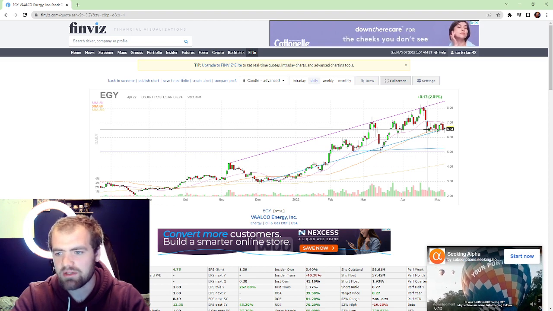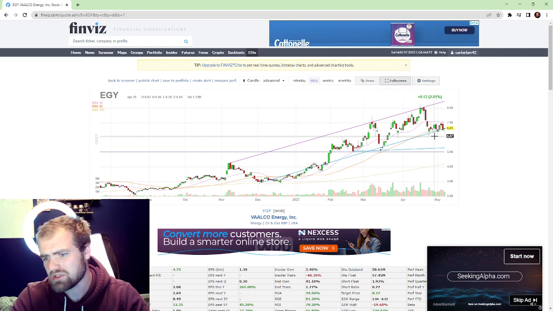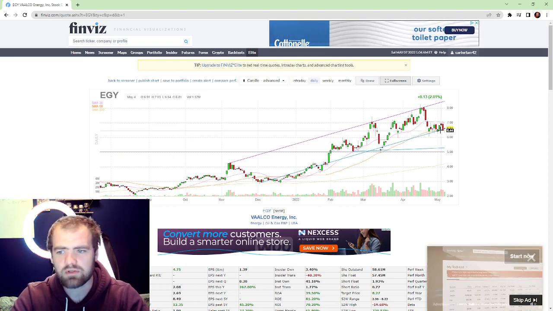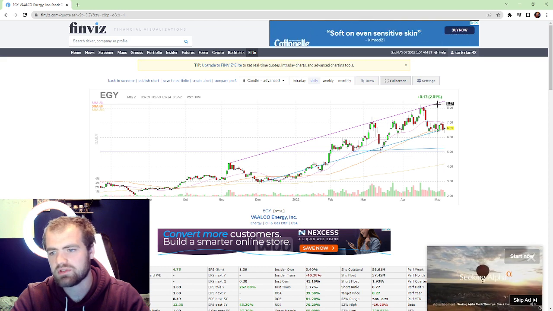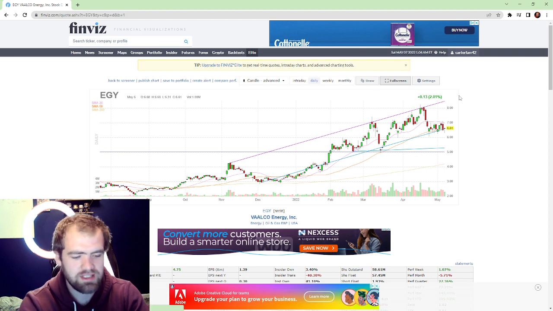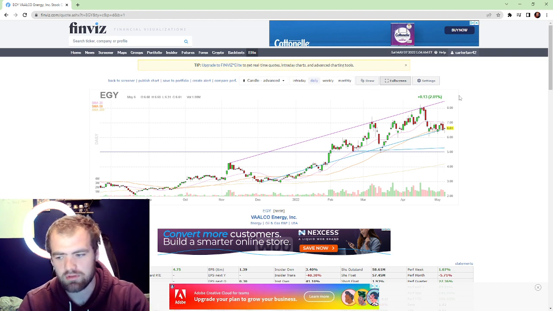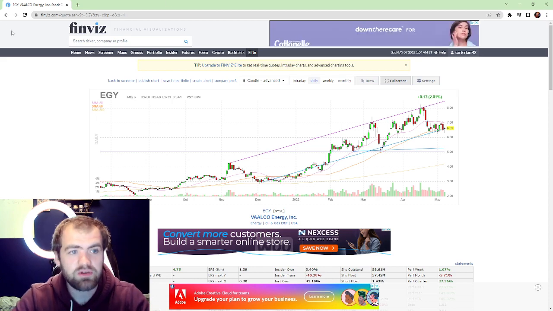So if you hopped in, you could set your stops just under 6. So you're risking 60 cents to possibly have this come back up to $8.20. So just under $2. We're risking 60 cents to make 180 cents. 3 to 1 risk and reward, which is very, very good.